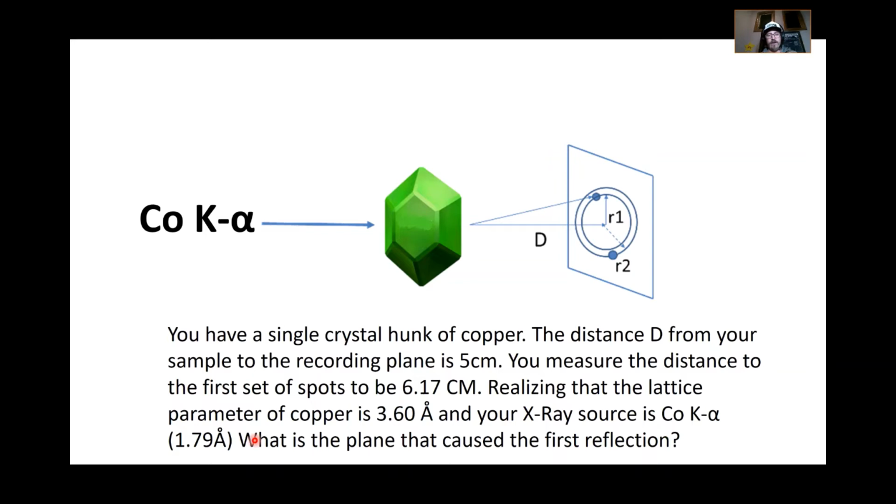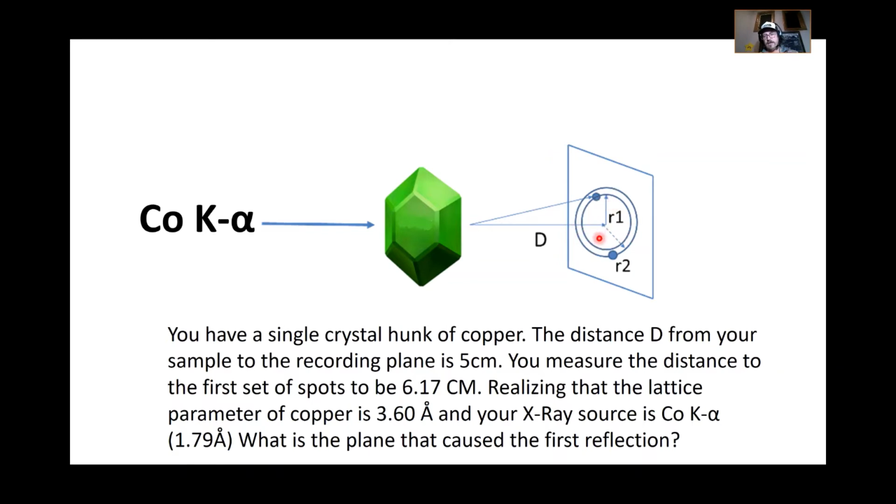You can look this up as well. We've also provided tables on Blackboard. The wavelength of cobalt K alpha is 1.79 angstroms. What is the plane that caused this first reflection?